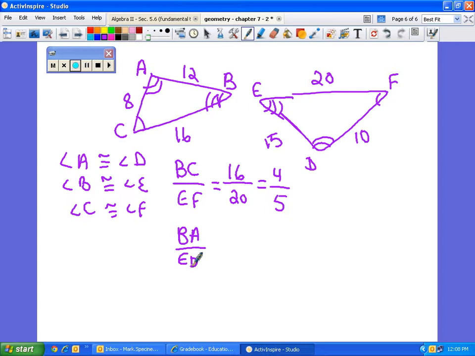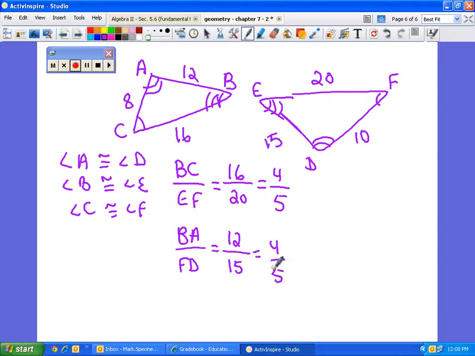Or FD. FD. Okay, so BA is 12, FD 15, which reduces to 4 over 5. We've got to keep going.